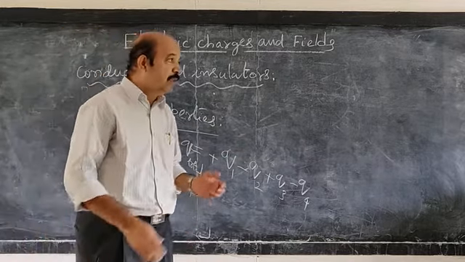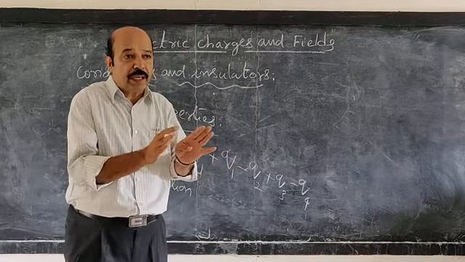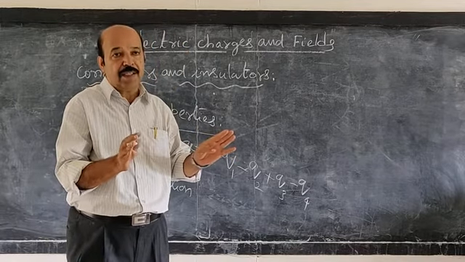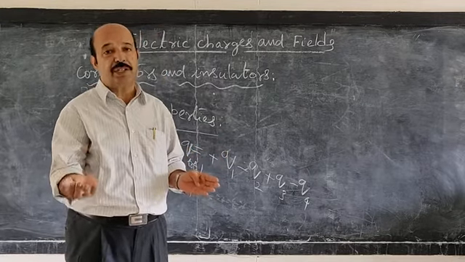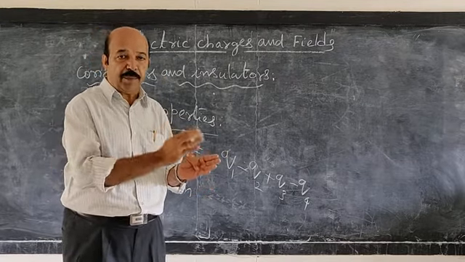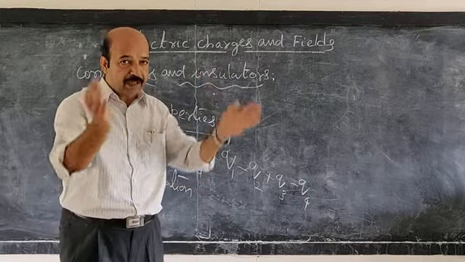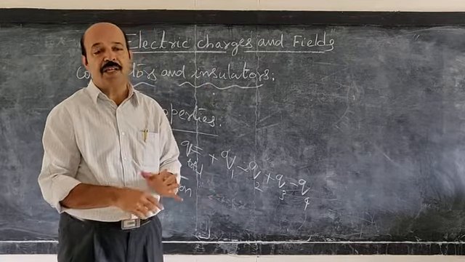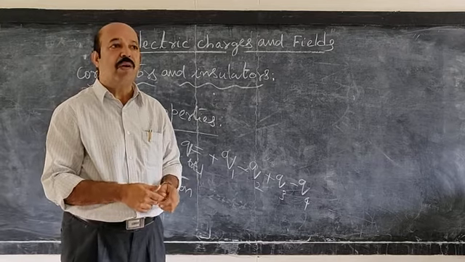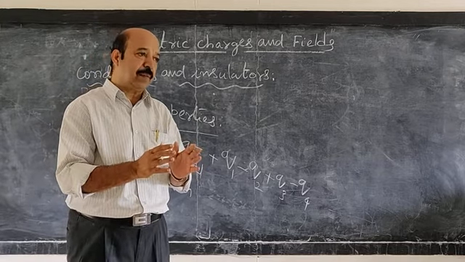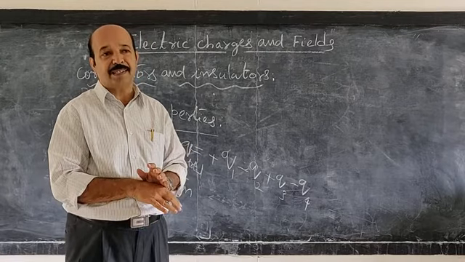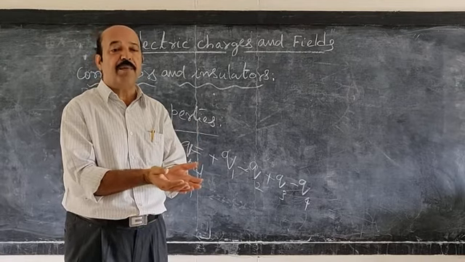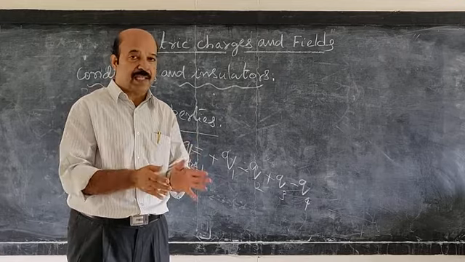So the only thing you can do is separate the charges on the body or inside the body. You can even transfer charge from your body to another body, but in the whole system, the total charge will be 0. So we say that you cannot create charges, you cannot destroy charges. The total charge of a system is constant, is conserved.